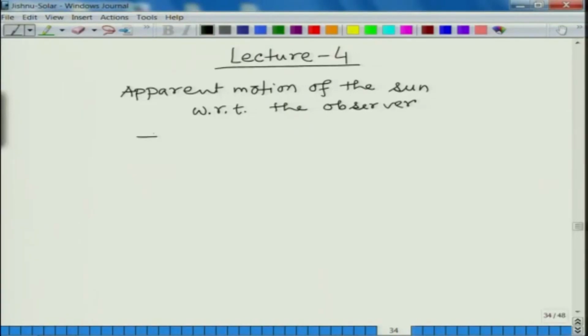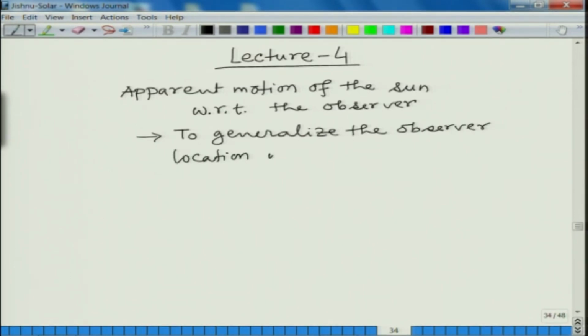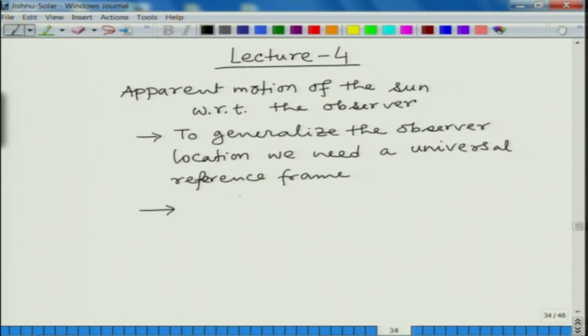Okay. Now, to generalize the observer location, we need a universal reference frame, right? And in the last class we have seen that the universal reference frame for us is the center of the earth.